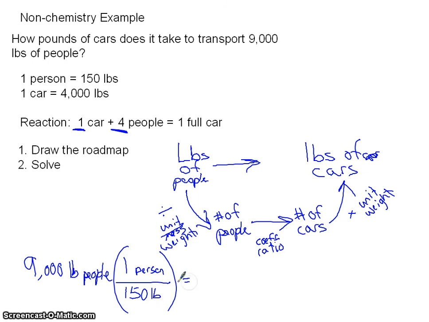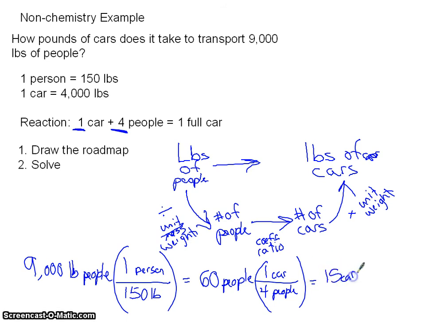Okay, so when I do that, I get 60 people. If I take my 60 people and multiply by the fact that it's one car per 4 people, I'll find out I need 15 cars.